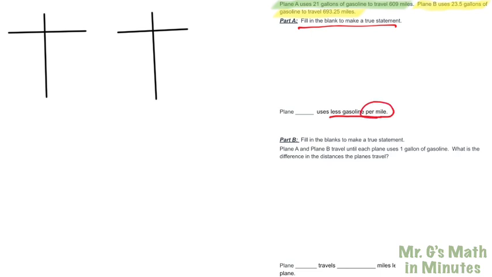So I need to be able to compare these. So we're talking about plane A, plane B. They compare in gallons to miles on both of these planes. And for plane A, they give us the information 21 and 609.